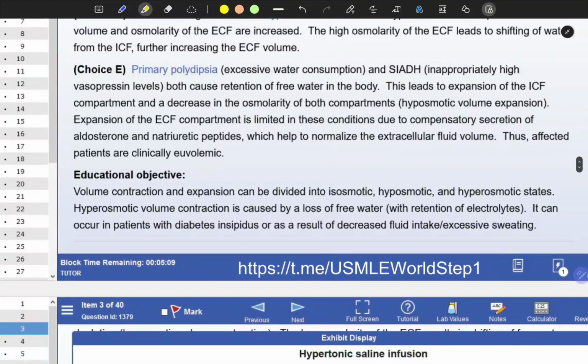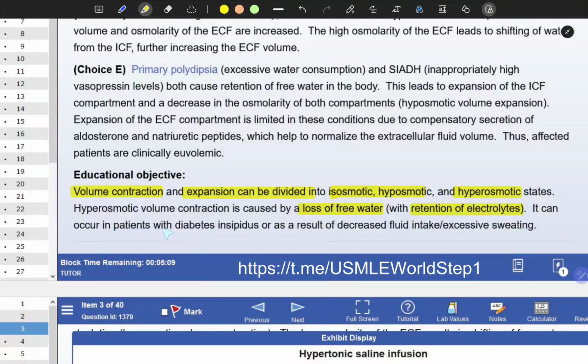Educational objective: volume contraction and expansion can be divided into isosmotic, hyposmotic, and hyperosmotic states. Hyperosmotic volume contraction is caused by a loss of free water with retention of electrolytes, because with retention of electrolytes the osmolarity increases.